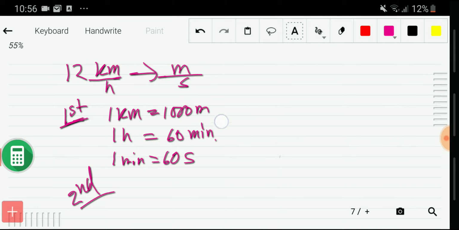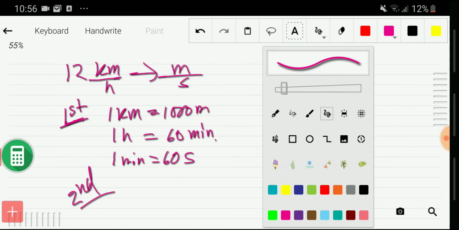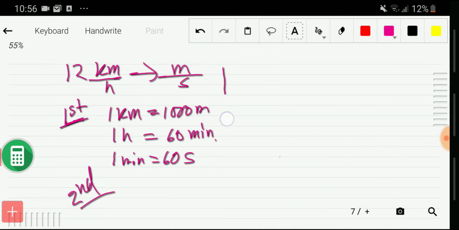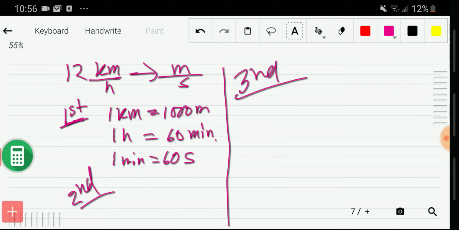So let me jump into the third step, right? In the third step, what will I do? I'll write the problem: 12 kilometer per hour. I would like to convert it to meter per second.